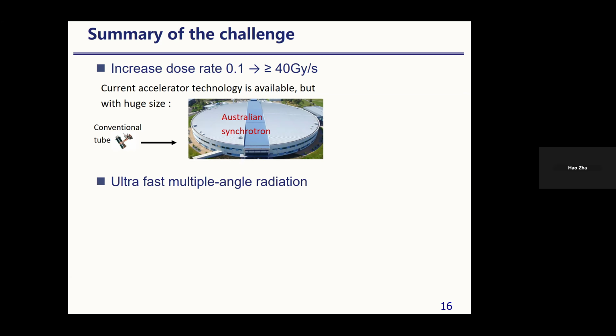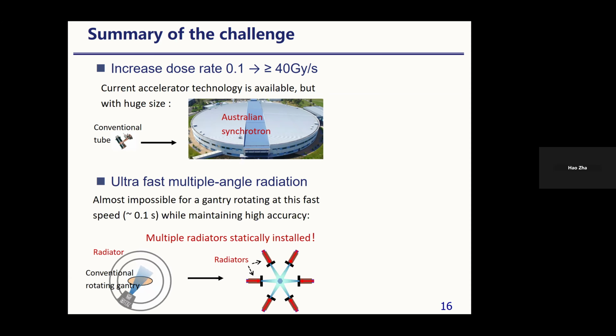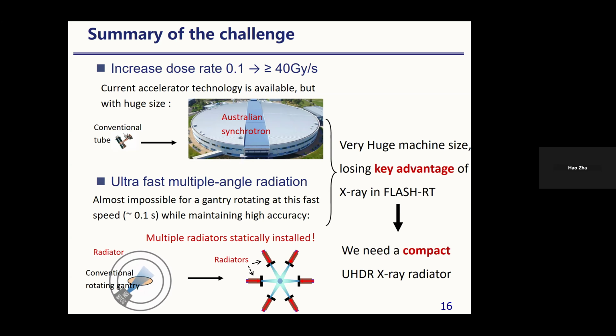And also, for multiple angle irradiation, a fast rotating gantry is almost not possible and not applicable, because the speed and the accuracy are not safe for clinical use. So that means we need to place multiple accelerators statically installed. Therefore, if we combine these two challenges together, it may be a very huge machine size.